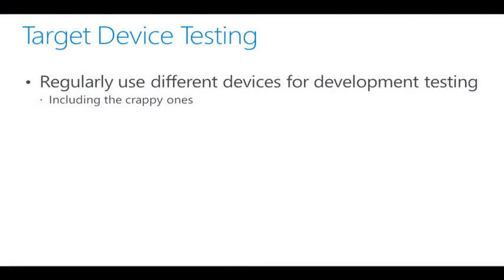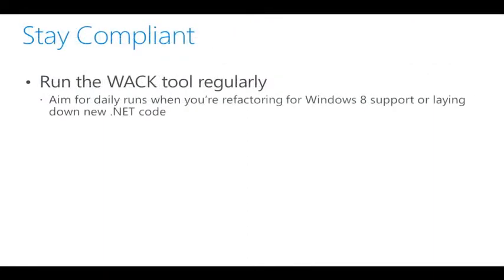It's very important. And the next one, and possibly the most important one for porting your existing project to Windows 8, is constantly running the WACK tool. When you're talking about starting from scratch with your project, refactoring huge swaths of code, rewriting things and pulling in brand new Asset Store plugins, any one thing could potentially cause you to fail the WACK.